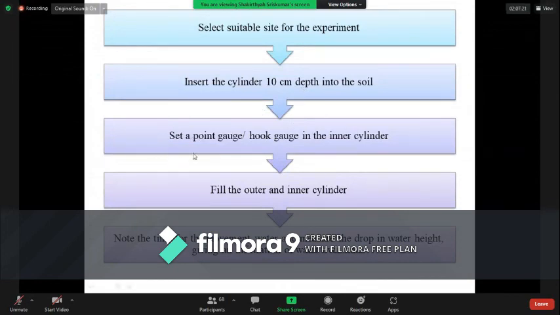After that, set a point gauge or hook gauge in the inner cylinder. Then place a plastic sheet inside the inner cylinder and fill the outer cylinder and inner cylinder. After that, remove the plastic sheet, and note down the time and the drop of water level. Then you can draw a graph.